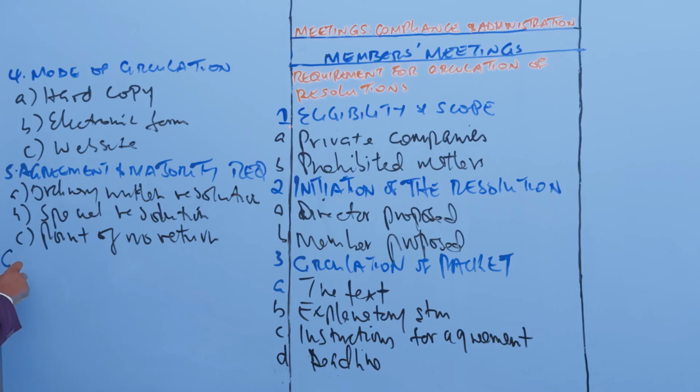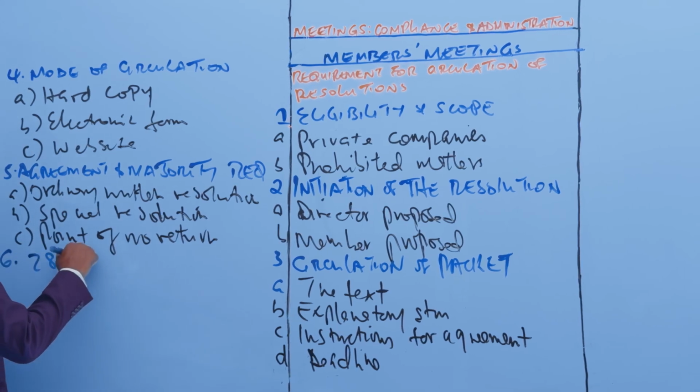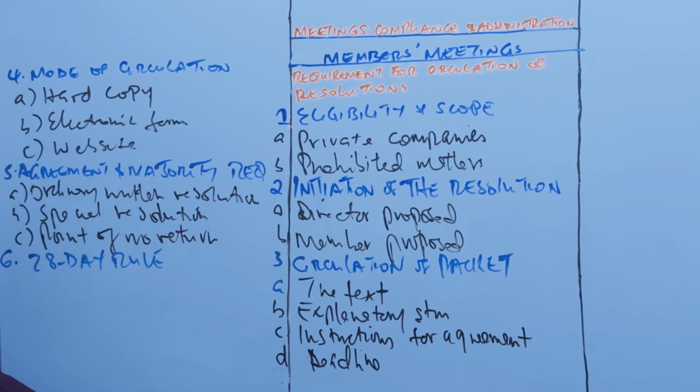Then lastly, candidates, as we wind up the requirement for circulation of resolutions, we need to analyze the 28-day rule. Unless the company's articles of association state a different time frame, a proposed written resolution lapses if it does not receive the required majority within 28 days from the circulation date.